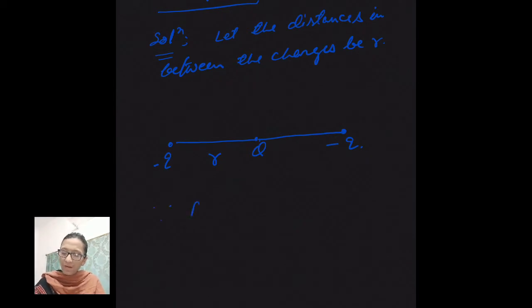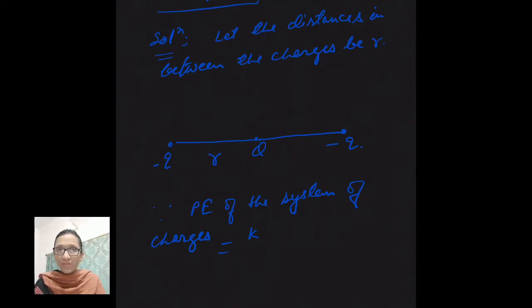So let me find the potential energy of the system of charges. Potential energy of the system of charges is equal to K, we will take the first charge first of all and find its potential energy due to the presence of the rest of the charges.